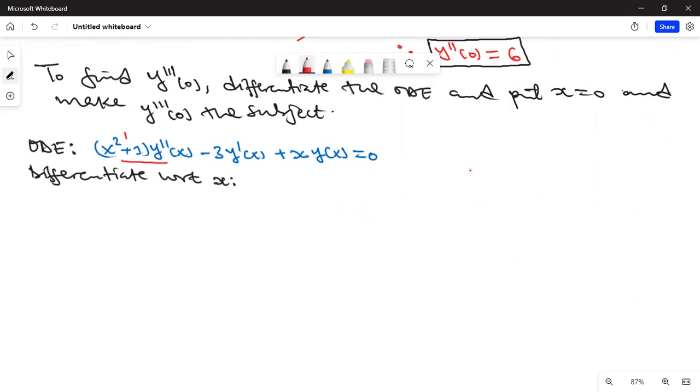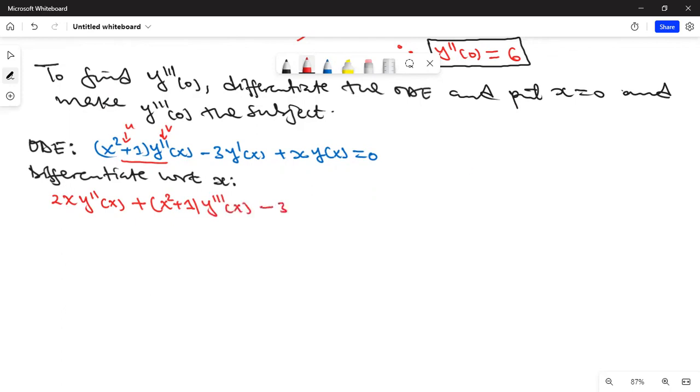You can let this be u and this other one v, so that I can use the product rule. Differentiate x squared plus 1, that is 2x, keeping the other one constant, y double prime of x, plus now I keep x squared plus 1 constant and differentiate v, that is y third prime of x.